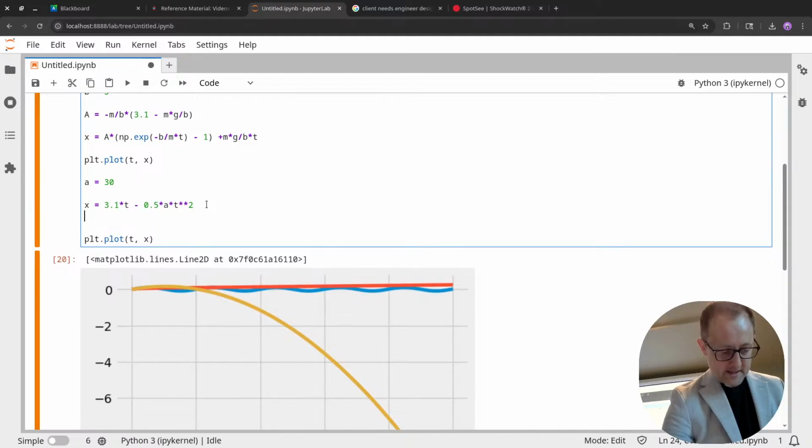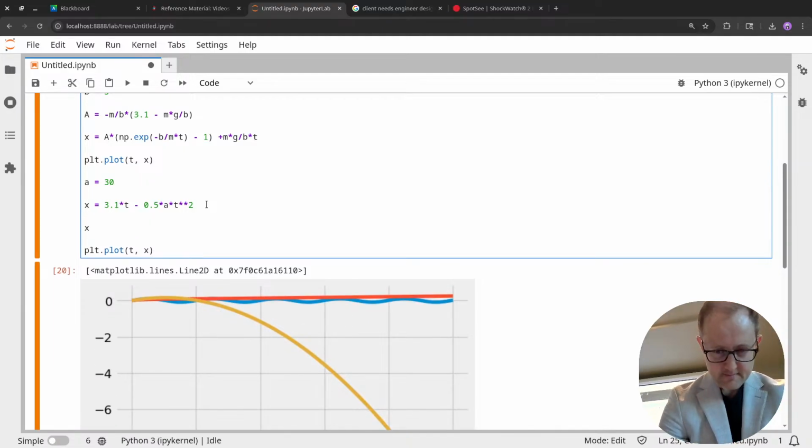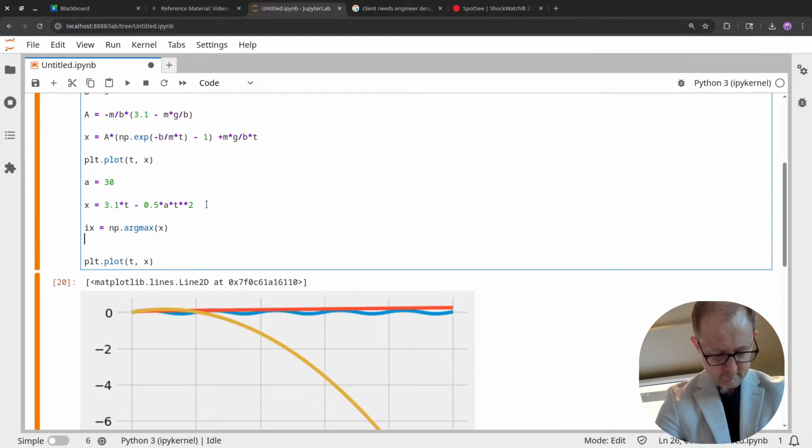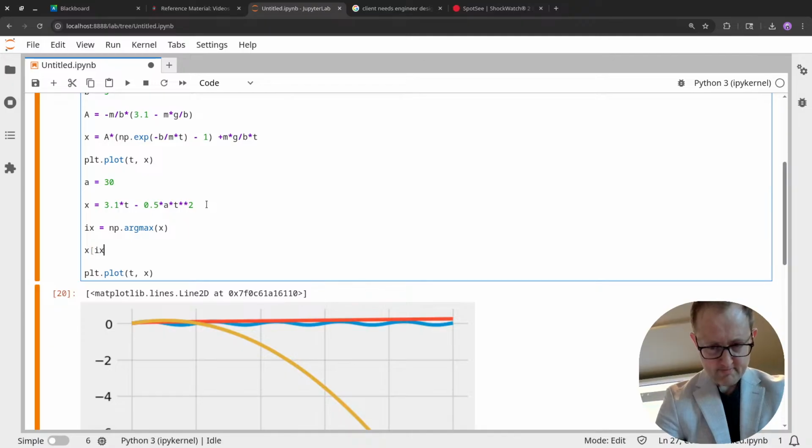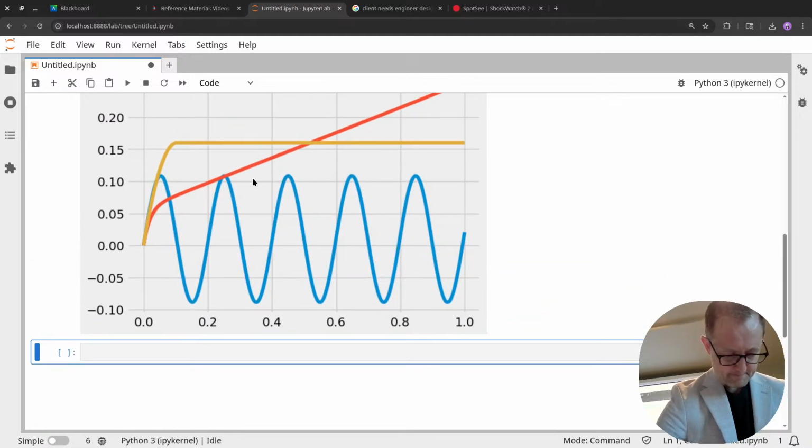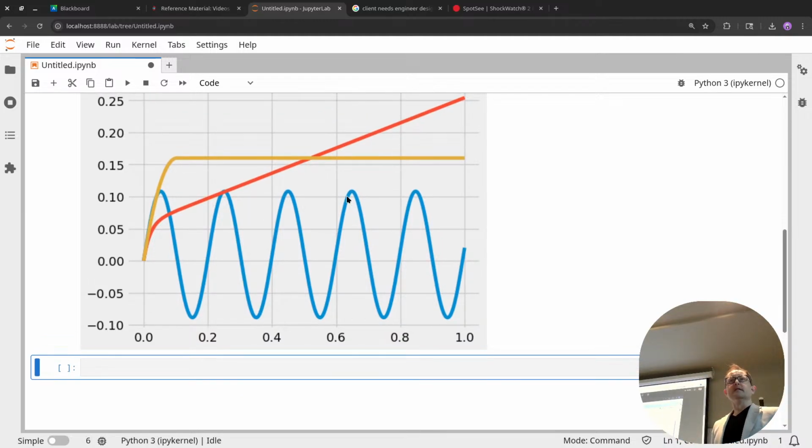So I'll do the lazy method of doing it. So rather than solving for when velocity equals 0 and then finding what position it was, I just said, all right, what's the maximum value?